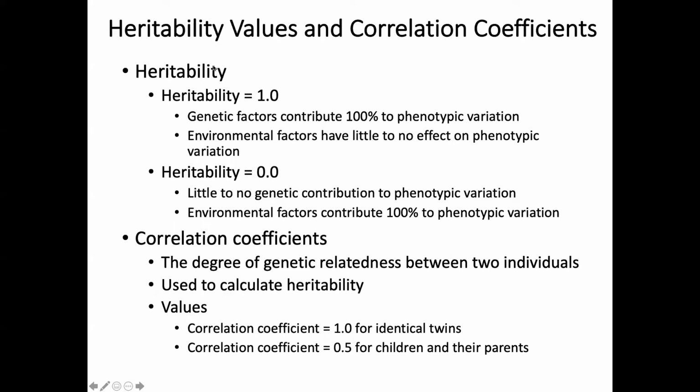Heritability is a measure of how differences in people's genes account for differences in their traits. If heritability is 1.0, it means genetic factors contribute 100% to phenotypic variation. But if the heritability is 0, it means no genetic contribution to phenotypic variation. Instead, environmental factors contribute 100%.